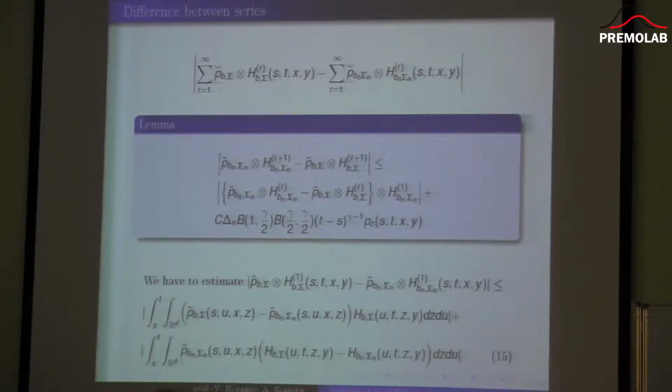I don't want to go deeper into the details of the proof of this lemma because it's just technical stuff. But the main idea is that we could estimate the difference between R plus 1 convoluted terms with the difference between R times convoluted terms and something in addition. That's the idea of the inductive step.